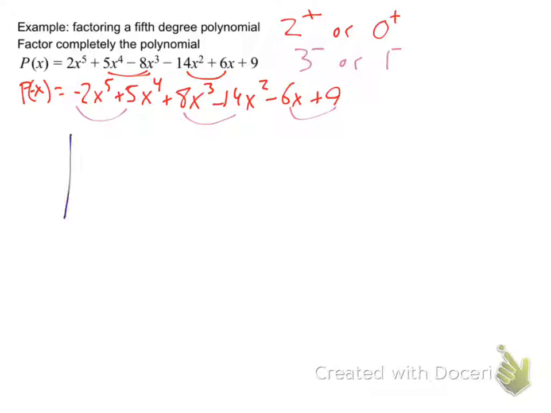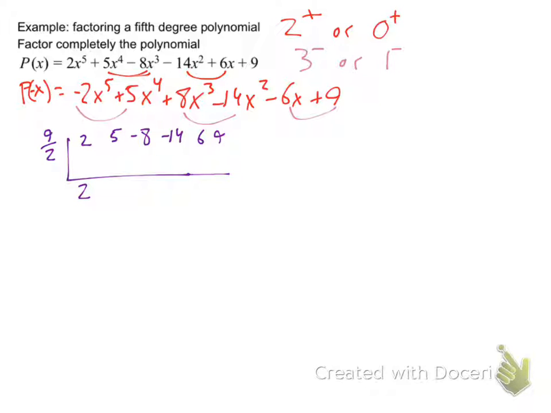Let's start going here. Is it Gracie? Did you say you found an upper bound? No. Helen. Okay, what did you find? Or is it 9 halves? So 9 halves. So we go back to 2, 5, negative 8, negative 14, 6, and 9.